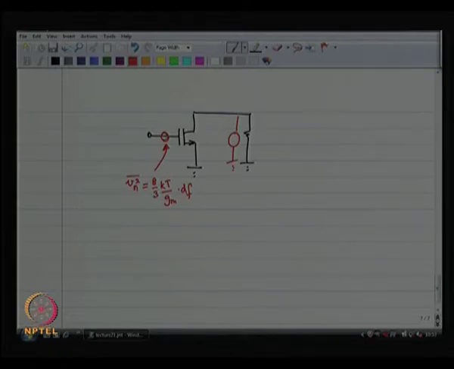This noise current could have been modeled as a voltage on the gate of the MOSFET, which is that divided by GM squared. So, what you have got is two noise voltages in series with the gate. These are all noiseless components.